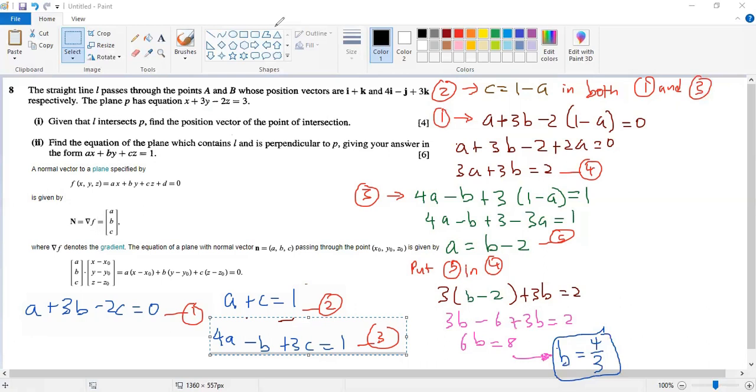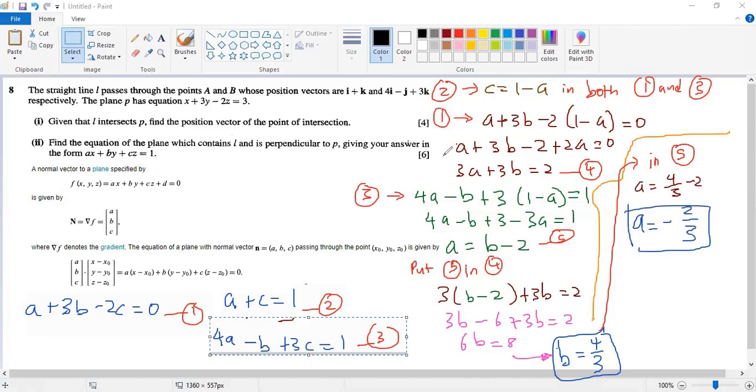Let's put this in equation 5. So a becomes b minus 2, so 4 over 3 minus 2. That's right, it's a nice fraction. a is negative 2 over 3.